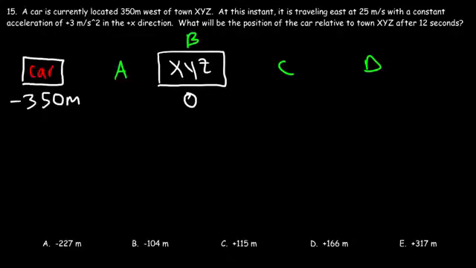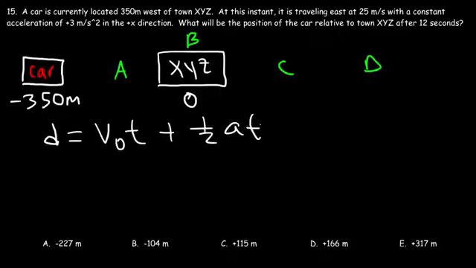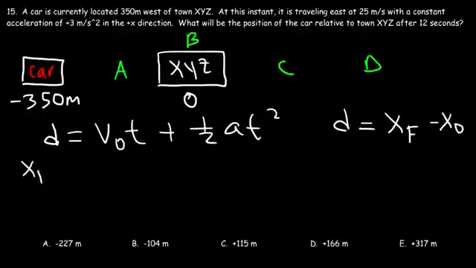So what equation can we use in this example? Displacement is equal to the initial speed multiplied by the time plus 1/2 at squared. Now the displacement is also equal to the final position minus the initial position. So we therefore have this equation.